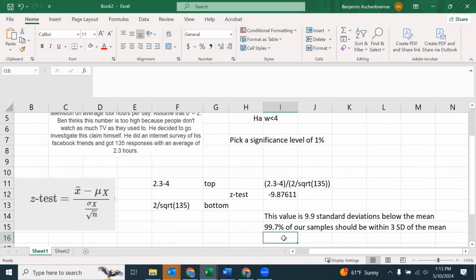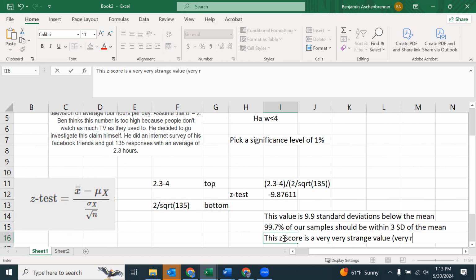This z-score is a very, very strange value. Very rare, very improbable.